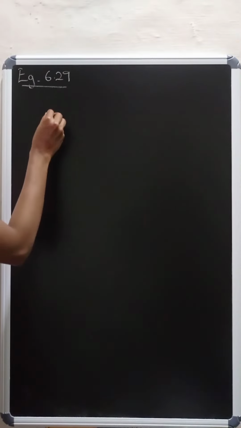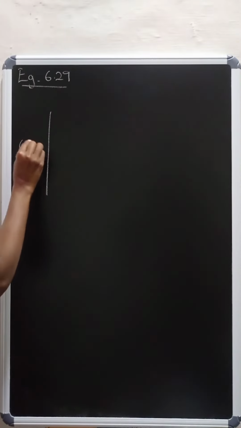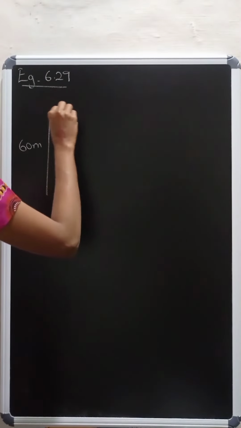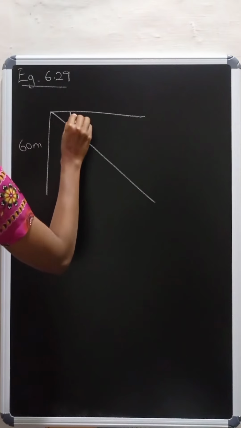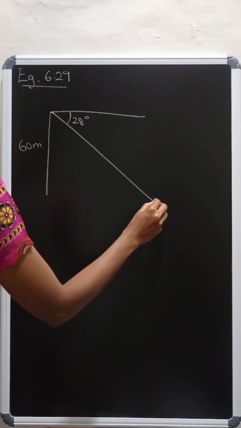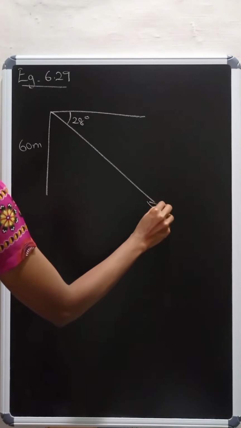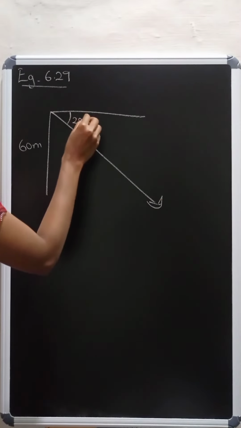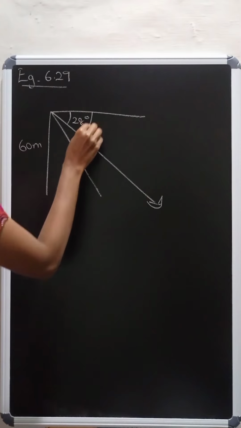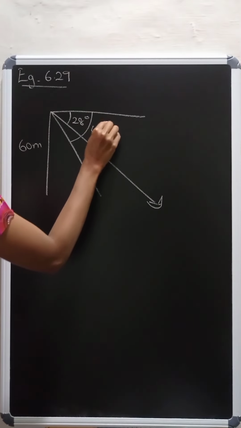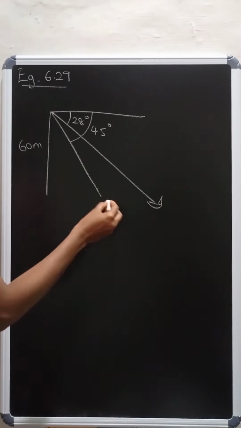As observed from the top of a 60-meter high lighthouse from the sea level, the angles of depression of two ships are 28 degrees and 45 degrees. So from here 28 degrees, the first ship is there, and bending on more, that is 45 degrees, another ship is there.